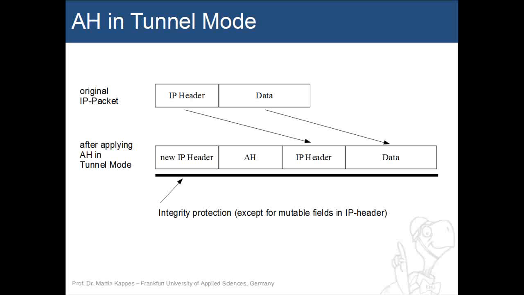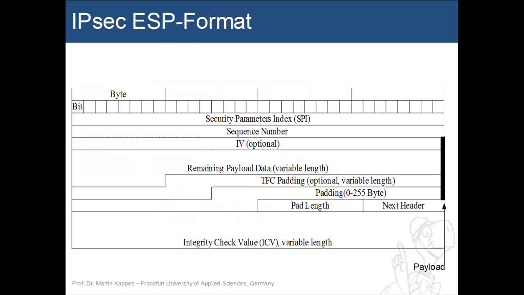Alright, let's move on to encapsulating security payload. Encapsulating security payload doesn't only allow for integrity and authentication, it also allows for encryption. The protocol allows for the use of different types of mechanisms for integrity check and protection. It can also allow for them separately with different algorithms.